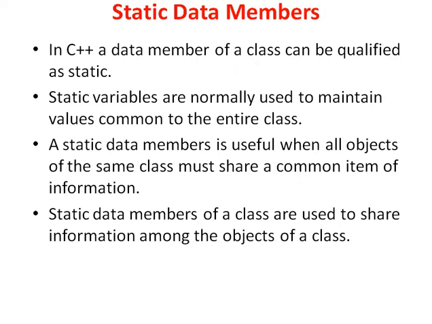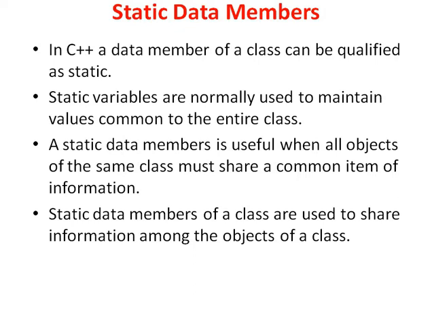When we declare a normal variable, that is a data member in a class, then different copies of those data members are created with the associated object. That is, if we create n number of objects of a particular class, then those objects share the data members of the defined class, and create different copies of those data members.